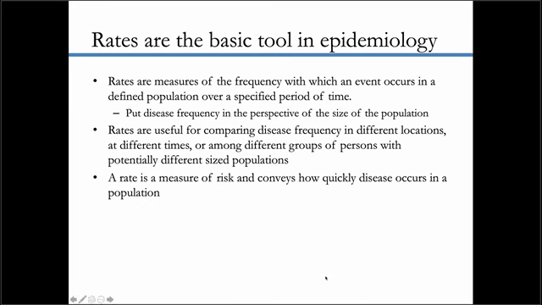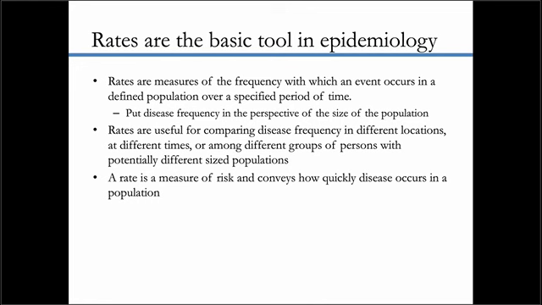And so rates and these proportions that we've talked about are the basic tools in epidemiology that we use to describe the frequency of disease in the population over a specified time period. These rates, especially the mortality rates, the cause-specific mortality rates, and infant mortality rates, put disease frequency within the perspective of the size of the population.